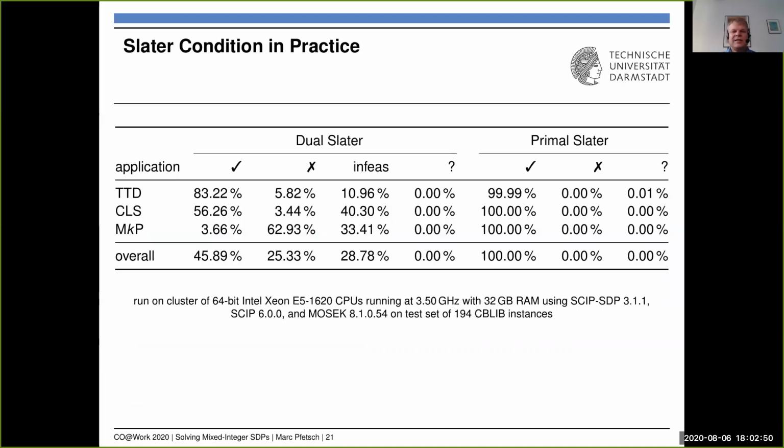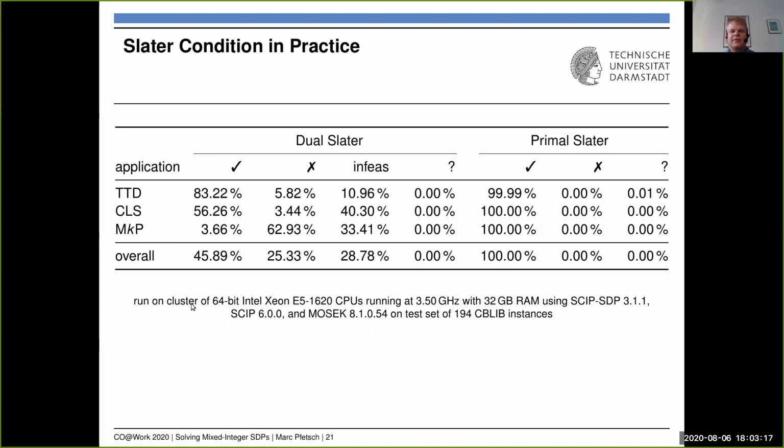So let's look at this in practice just to get a little impression. What you can see here is 3 applications, and whether the dual Slater condition or the primal Slater condition is satisfied for the corresponding node problems that are solved when solving the mixed integer SDP. And you see that the dual Slater condition is not always fulfilled.